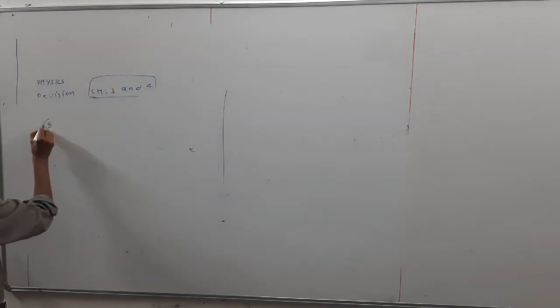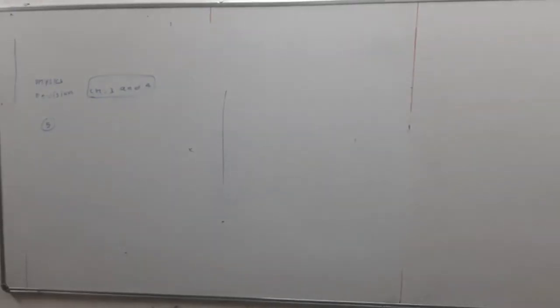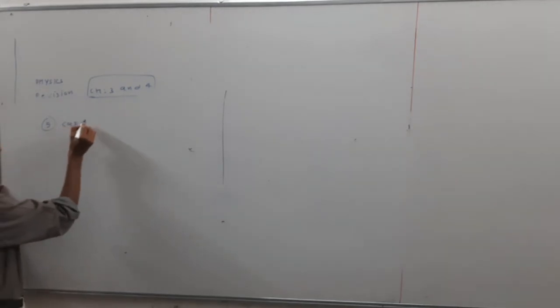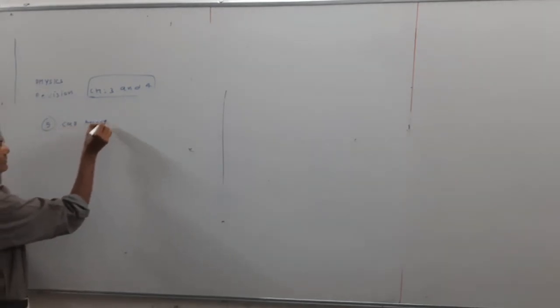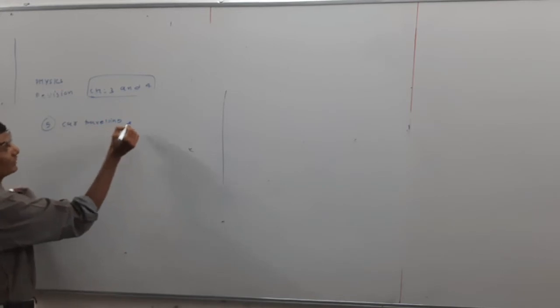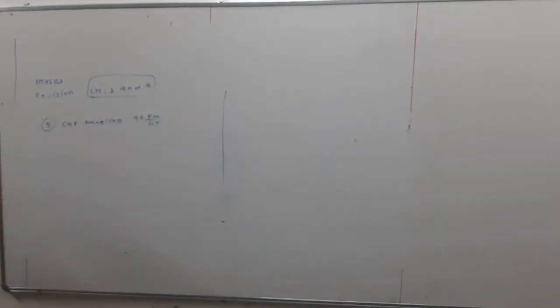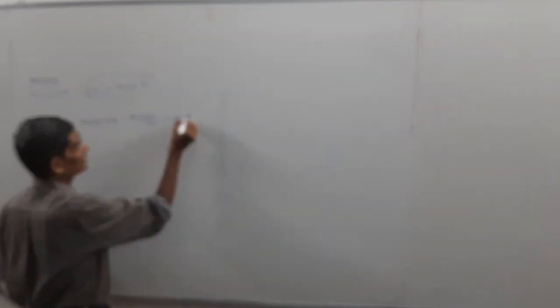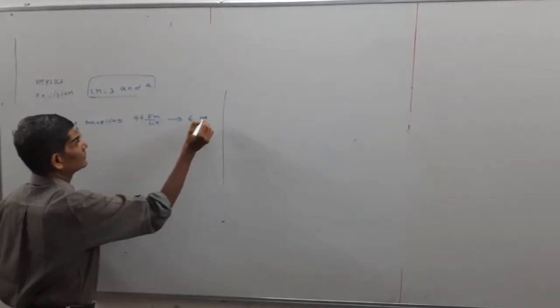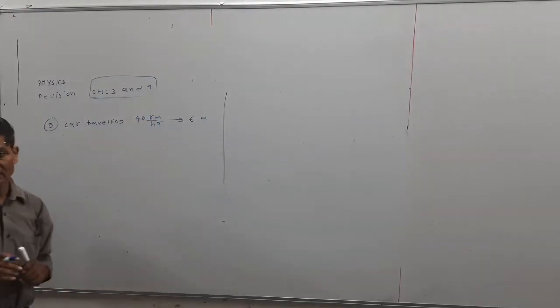Next is the question related to stopping distance. Now let us say a car is traveling at a speed of 40 km per hour and brakes are applied, and the stopping distance is 6 meters. It stops in covering 6 meters.